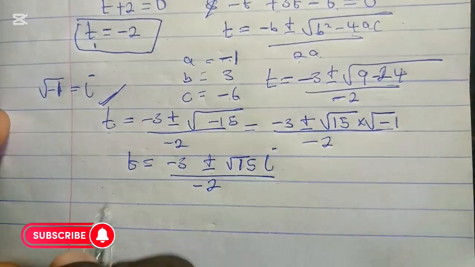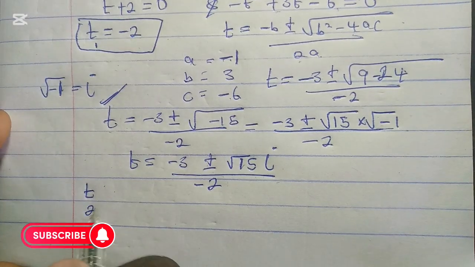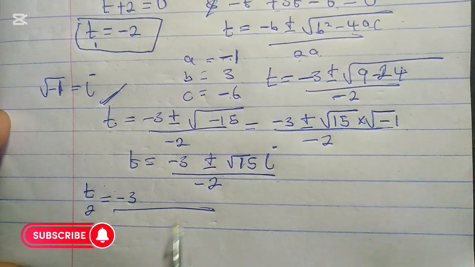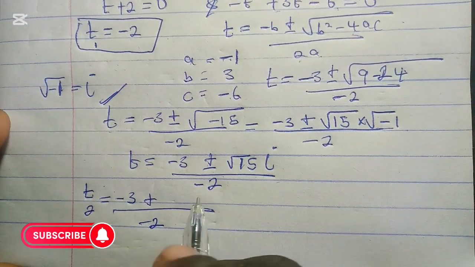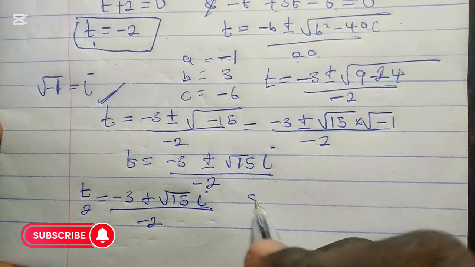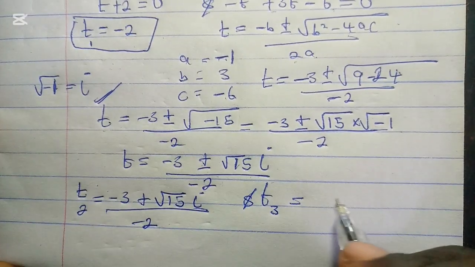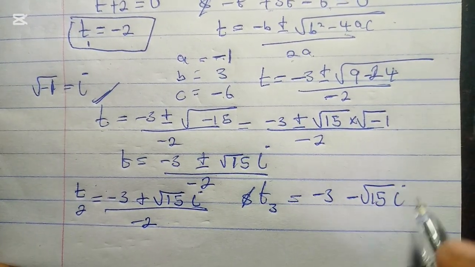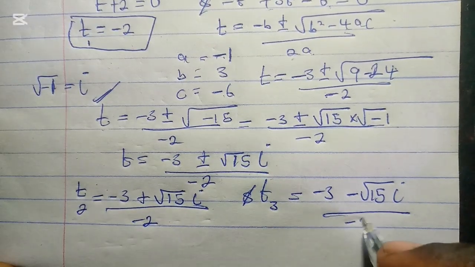So therefore the second and third values of t are going to be given by minus 3 divided by minus 2. Here we have plus root 15 iota. This is the second value of t. And the third value of t is going to be minus 3 minus root 15 iota divided by minus 2.